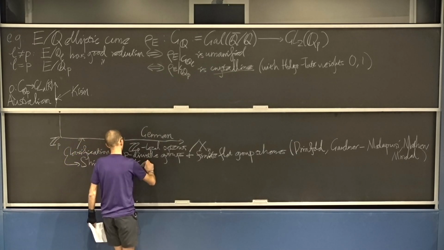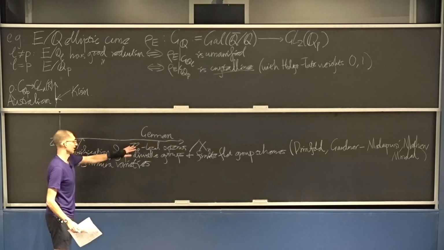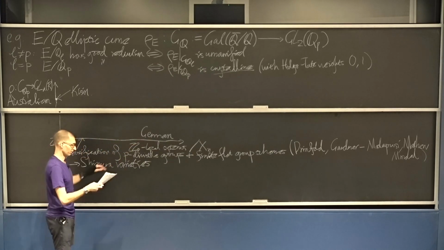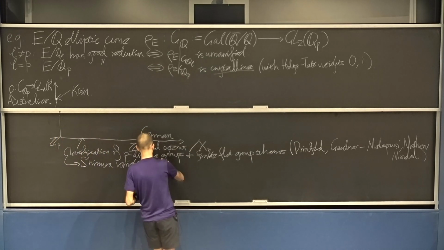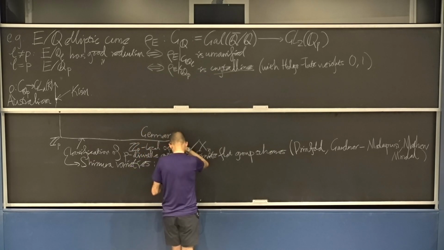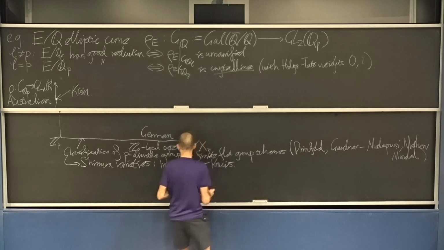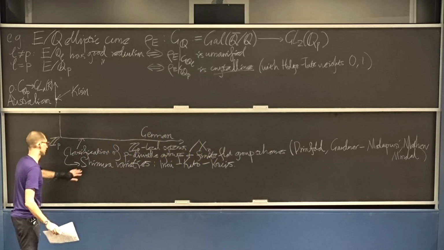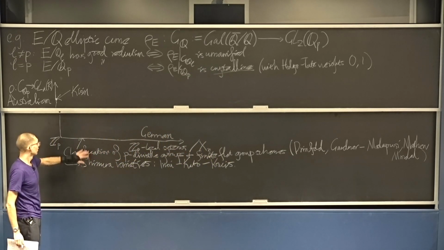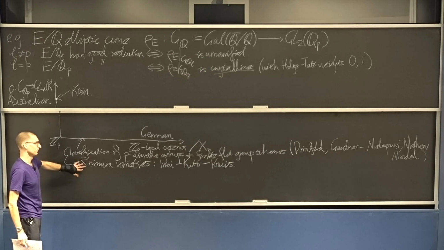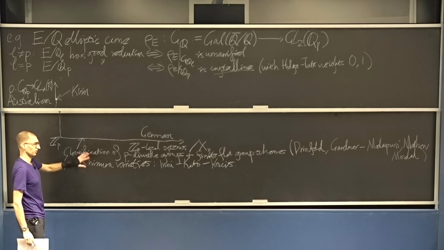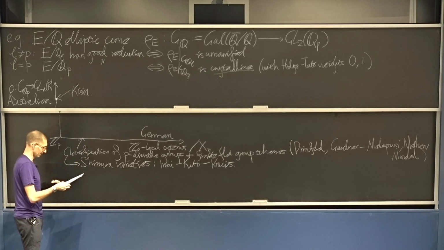There's a lot of work that's forthcoming using some of this, but concretely at the moment, there's a paper of Naoki Imai, Hiroki Kato and Alex Youcis, which again you can find on the arXiv, that studies this in some detail. I should say again, the suggestion that F-gauges could be used to study integral models of Shimura varieties is due to Drinfeld, who has a number of papers explaining this.